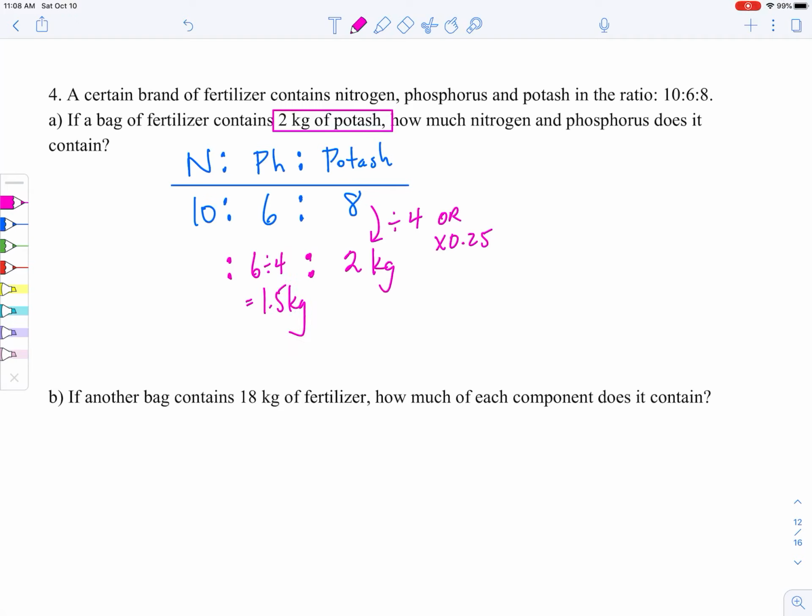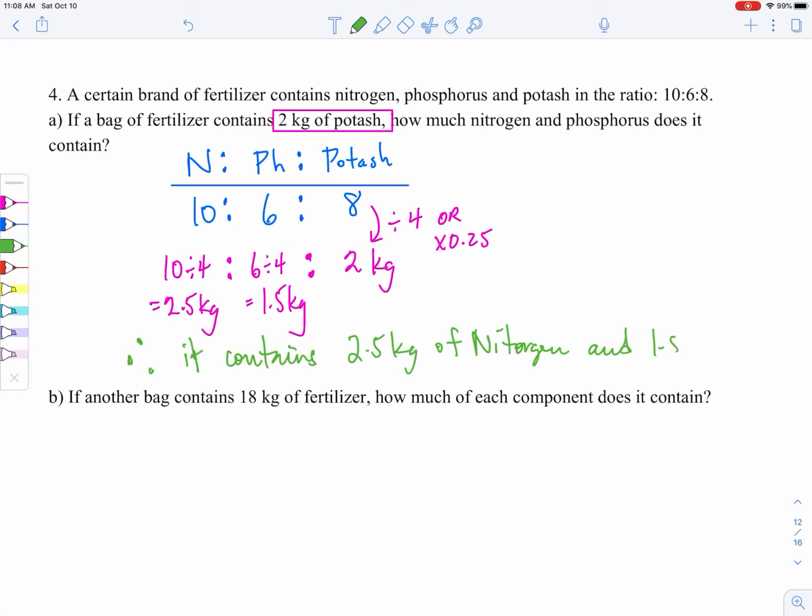And then nitrogen would be 10 divided by 4, which is 2.5 kilograms. So our final answer would be, therefore, it contains 2.5 kilograms of nitrogen and 1.5 kilograms of phosphorus.